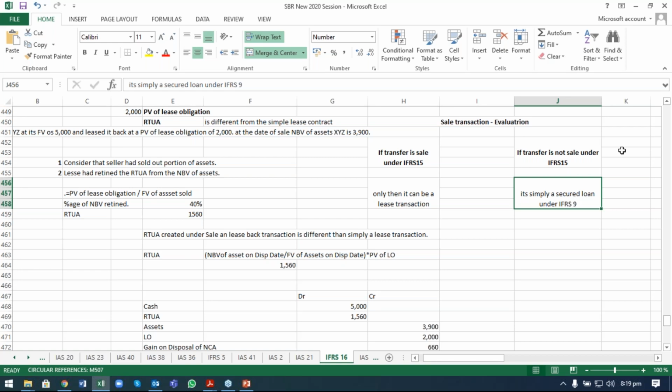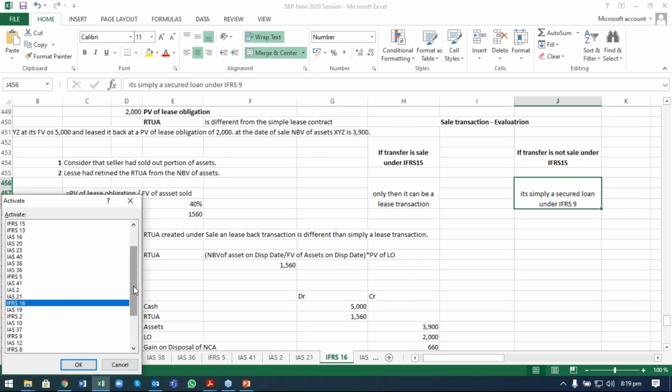So how can we find out whether it's a sale or not? We have to look into the IFRS 15 criteria now, right? You might have looked into the fifth step of revenue recognition, when you can recognize the revenue.